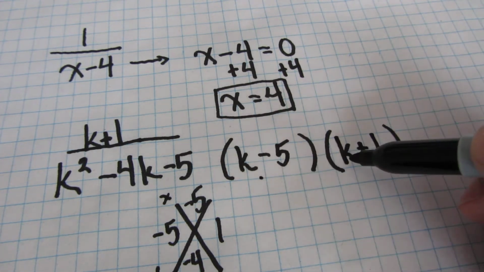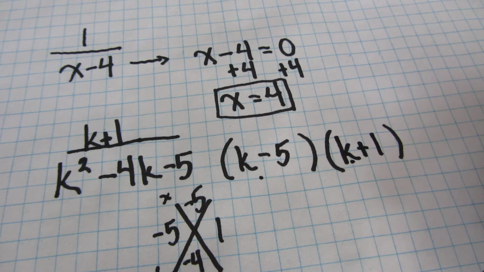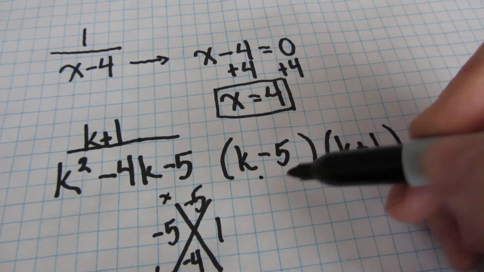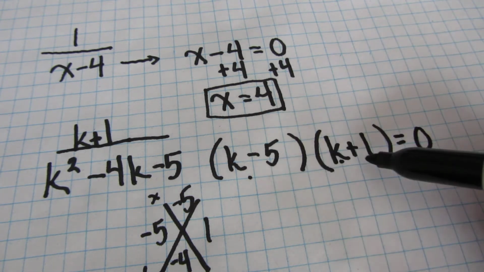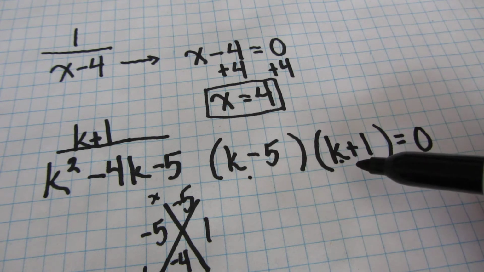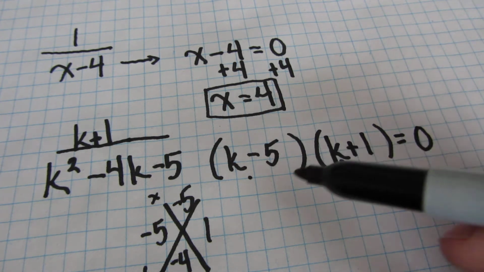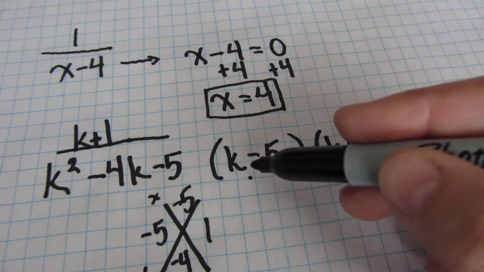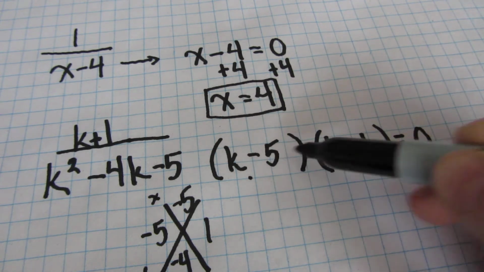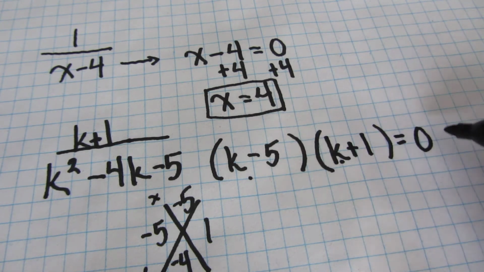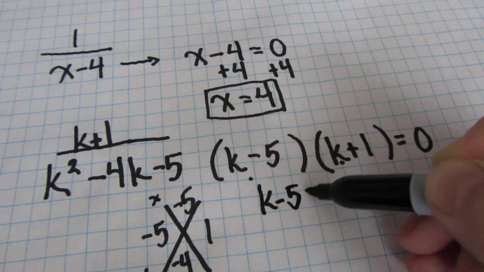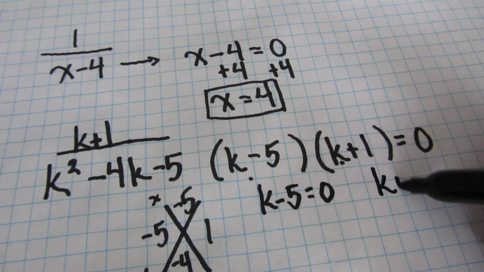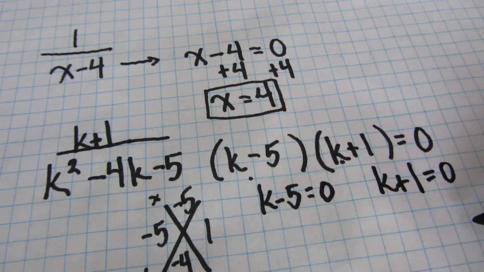Now, since we have two binomials here, we're trying to identify what our excluded values are. So we're going to set this equal to 0. And here's where we're going to apply what we learned about solving quadratics, and we're going to use the zero product property. So because k minus 5 times k plus 1 is equal to 0, then k minus 5 is equal to 0, and k plus 1 is equal to 0.